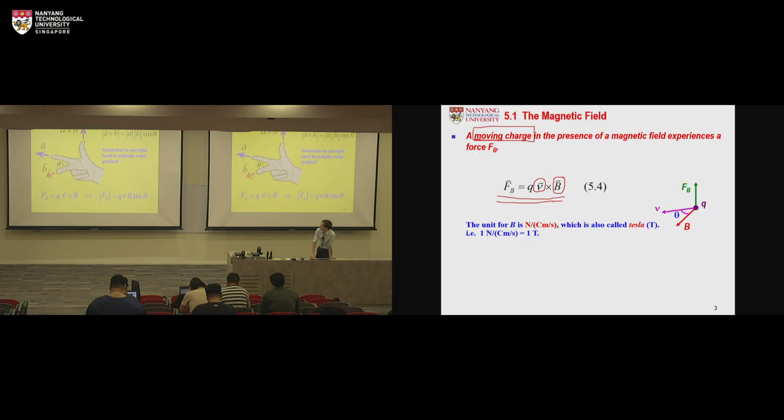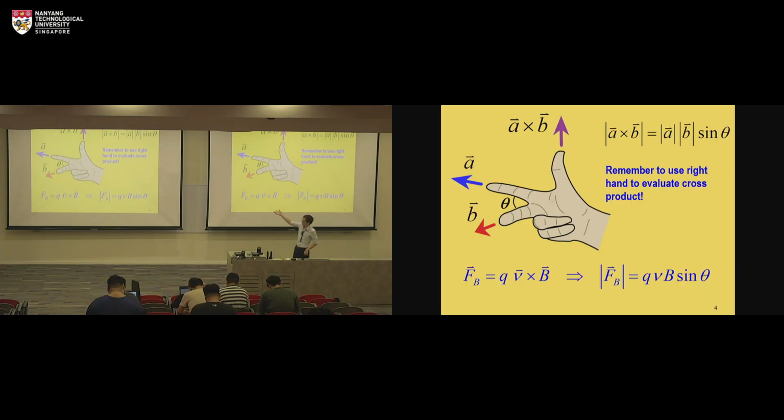Here it involves the cross product of two vectors, and actually this is nothing special about the magnetic force. It's just a general way to determine the direction of a two-vector cross product.